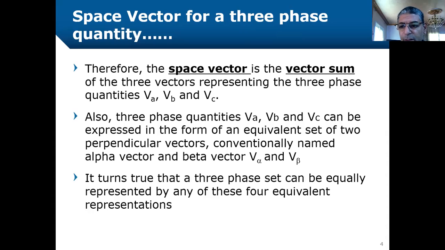Also, VA, VB, and VC can be expressed in the form of an equivalent set of two perpendicular vectors, conventionally named the alpha vector and beta vector, V alpha and V beta. It turns out that a three-phase set can be equally represented by any of these four equivalent representations.